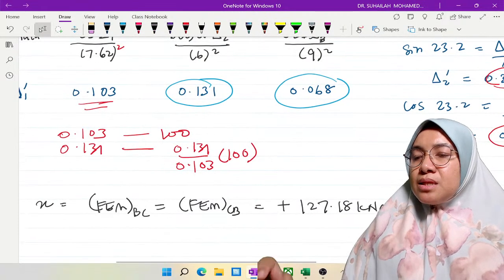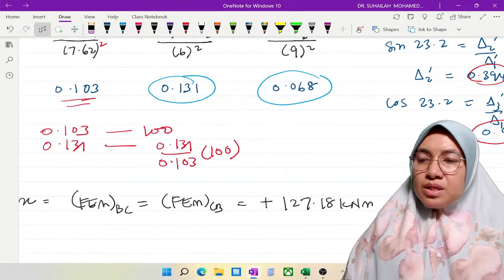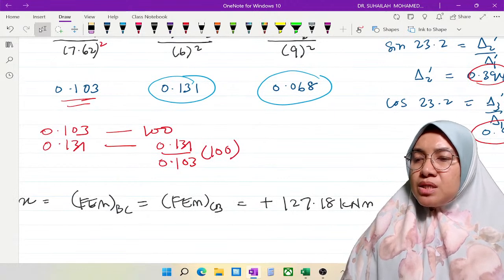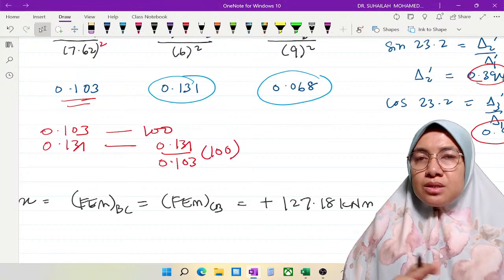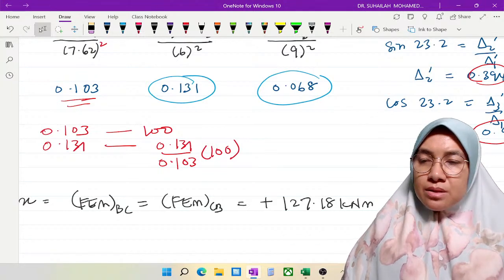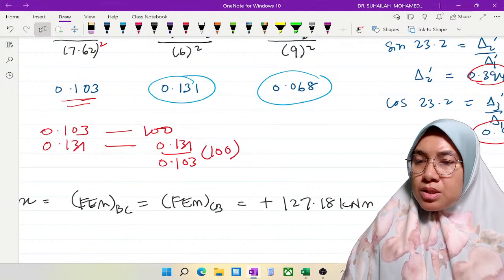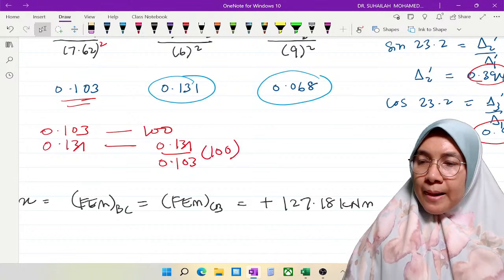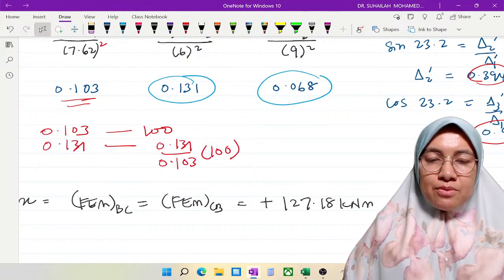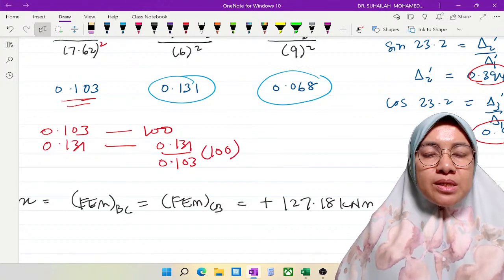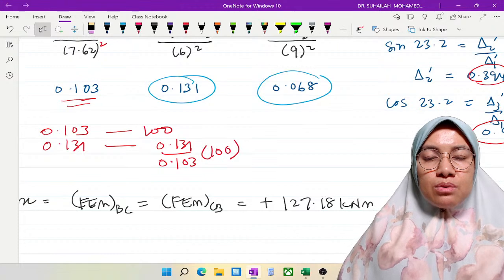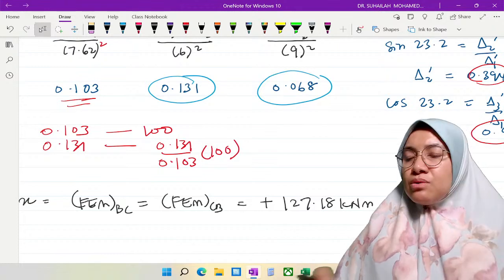The next interpolation is 0.068 divided by 0.103 times 100. So this one we get 66.02.